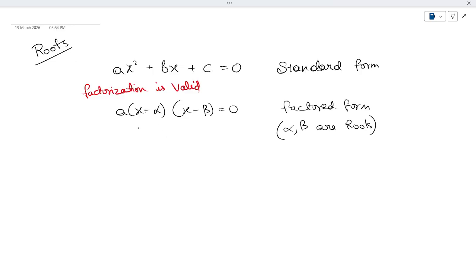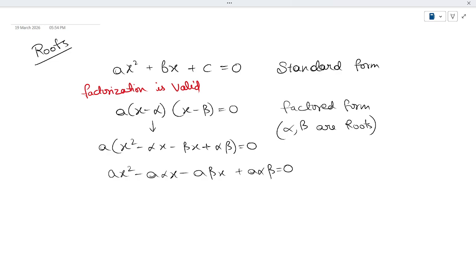Right? So, if you expand this factored form, you get x square minus alpha x minus beta x plus alpha beta equals to 0. Here we get ax square minus a alpha x minus a beta x plus a alpha beta equals to 0. We know that these are the same equation but in different form.